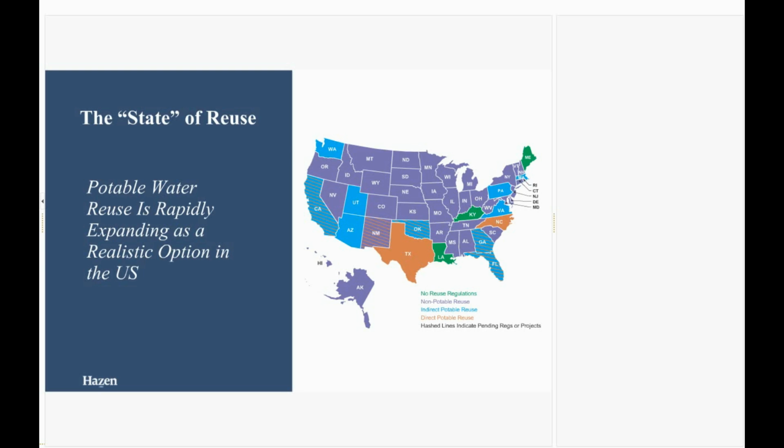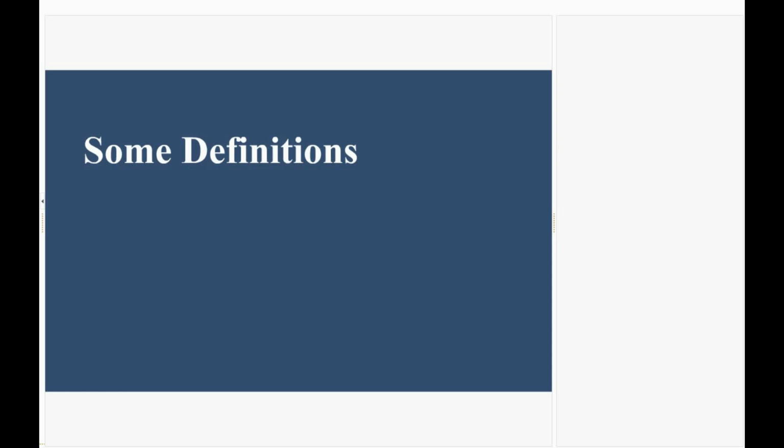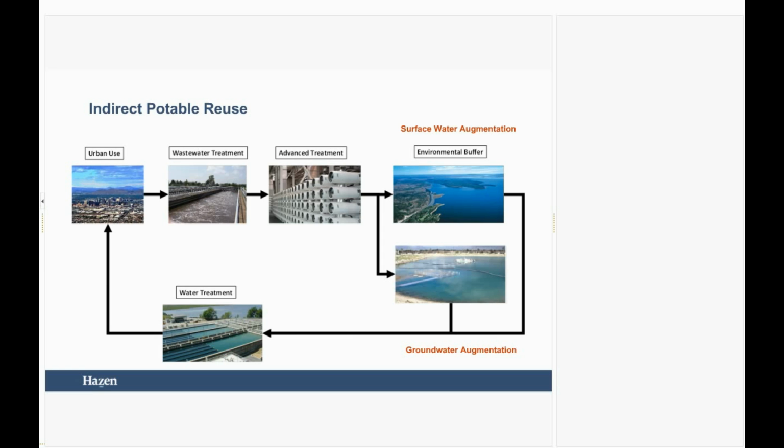But first, some definitions, because it's important when we talk about potable reuse and indirect potable reuse and direct potable reuse, what are we talking about? Because the definition really hasn't been all that clear. When we're talking about indirect potable reuse, we're talking about taking wastewater from urban municipal wastewater, treating it through a wastewater treatment plant with settling and biological processes, and then that is further processed by some kind of advanced treatment.